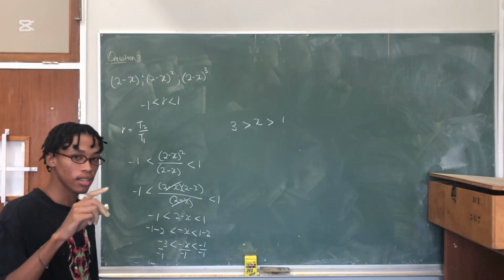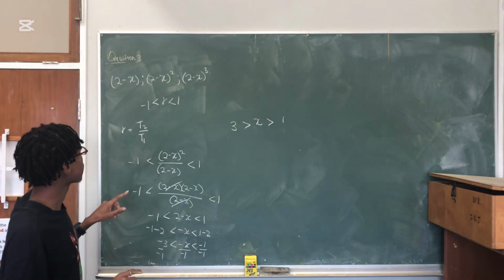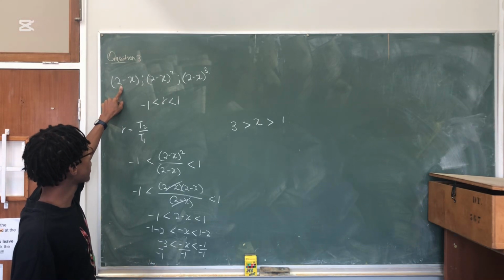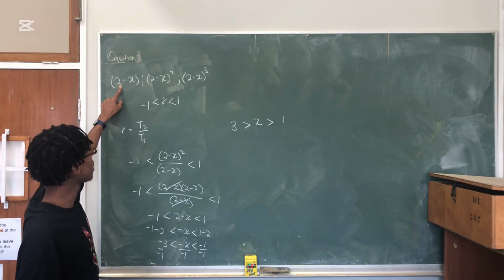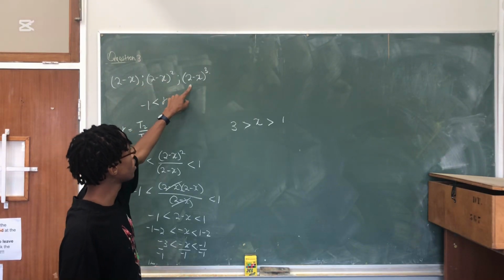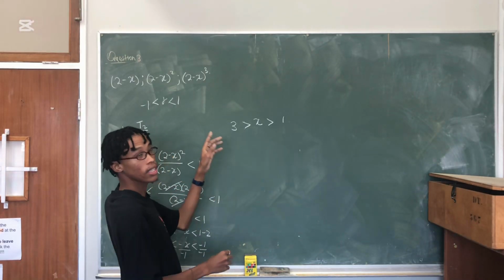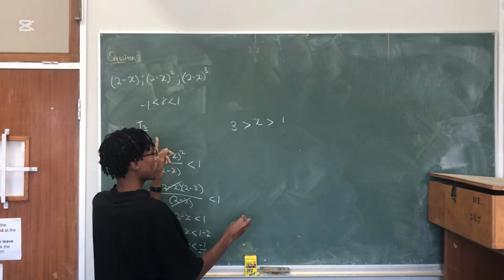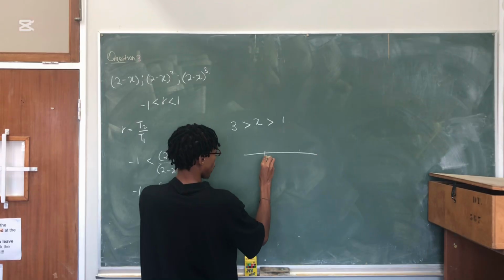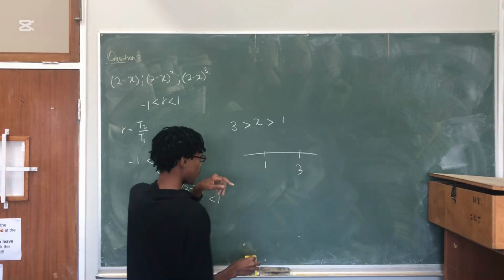But an important addition to this statement that we need to regard is that if we look at these terms, 2 minus x, 2 minus x squared, 2 minus x, the values that are allowing our sequence to converge are between positive 1 and positive 3.